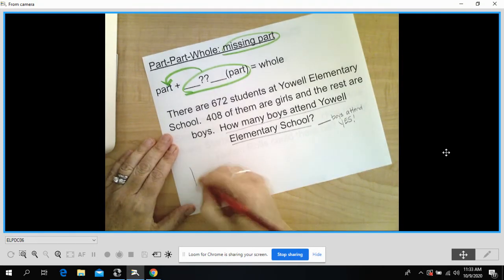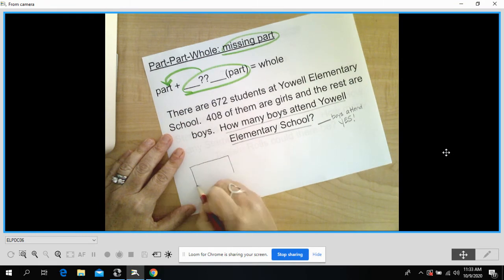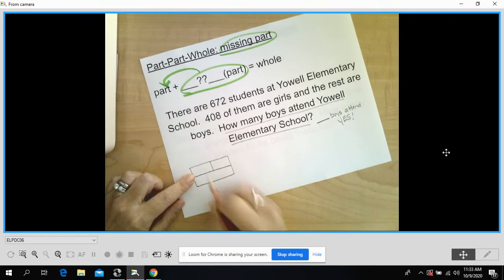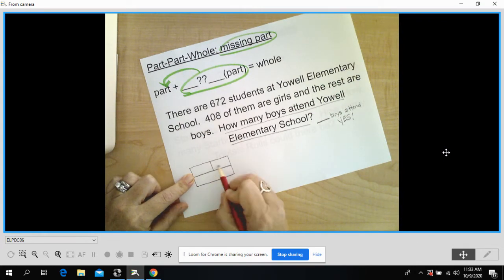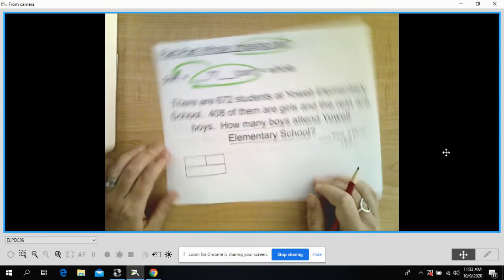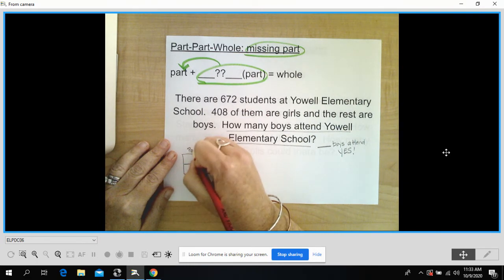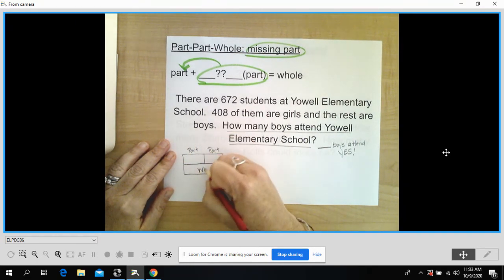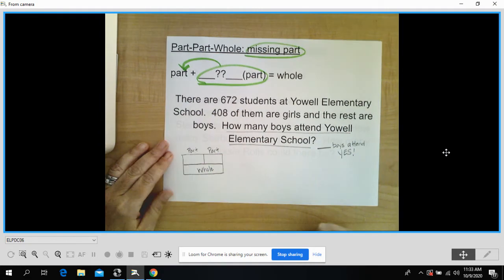So I'm going to make my diagram over here. Again, it's my rectangle. And remember, this just represents that two parts make the whole. So this is a part, this is a part, and there's the whole.